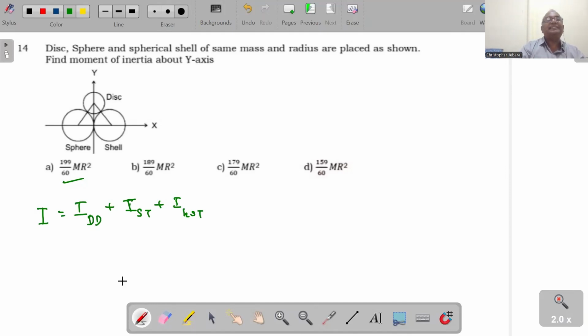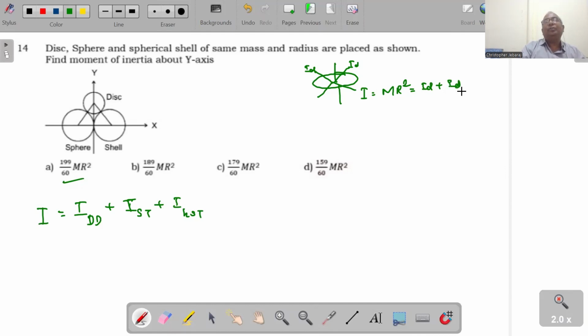First, I will calculate the moment of inertia of the disk. Moment of inertia of the disk about its center, you know, is mr squared by 2. But we need it about the diameter, so apply the perpendicular axis theorem. Iz will be equal to Ix plus Iy, that is ID plus ID.